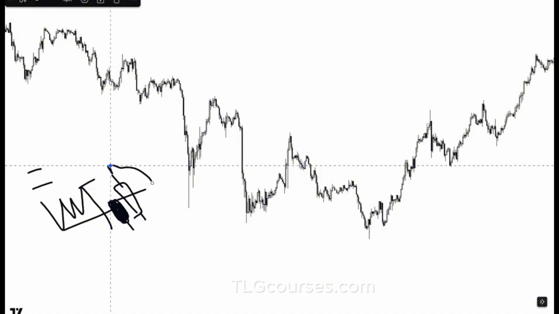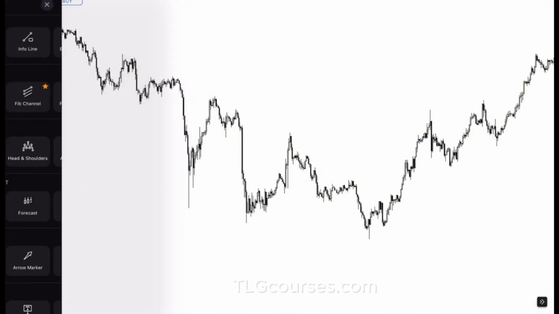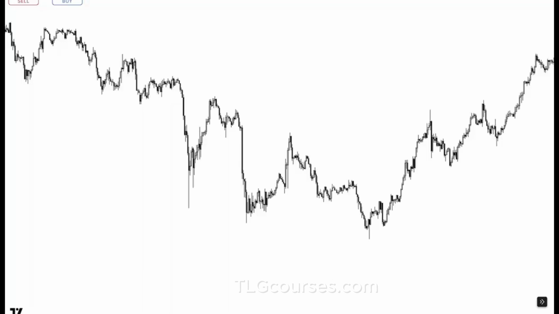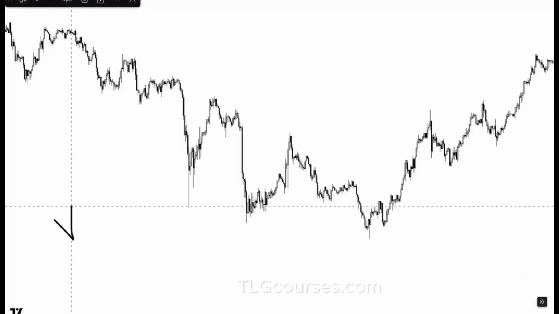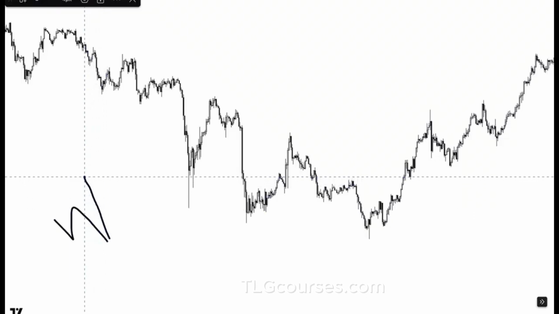Next up you have the true market structure shift. You're looking for a low, and then a high, and then a lower low. So the high broke the low, and then they break above the high that broke the low.